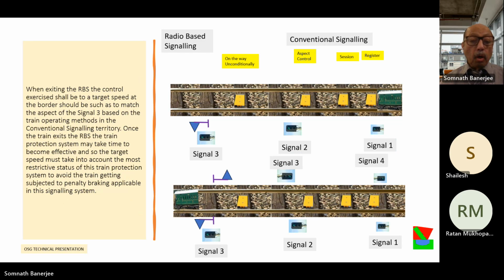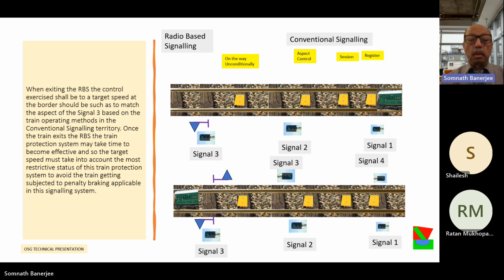On the other side, if a train is coming into the conventional signaling territory from the ETCS system, it is desirable that the speed at which the train enters the conventional signaling territory is such that it will be brought to a stop in rear of the possible authority of that signal, the possible authority of signal 3 in the other direction.